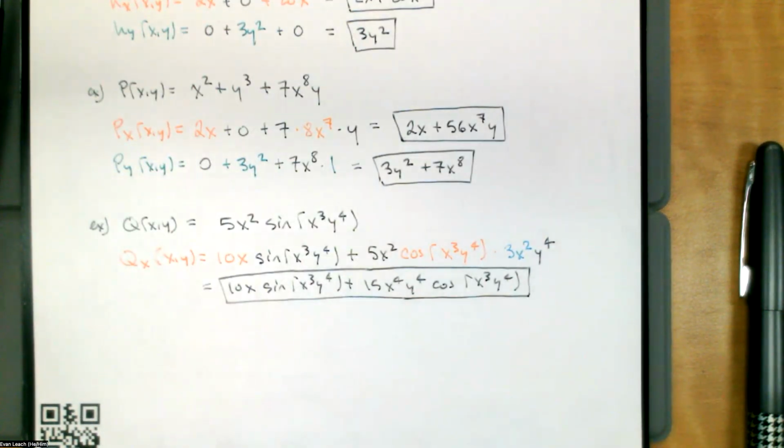We could factor a 5x out, but I don't really see a lot of value in doing that right now. It's not like I need another derivative. Or a second derivative, I mean, because we do need another one.